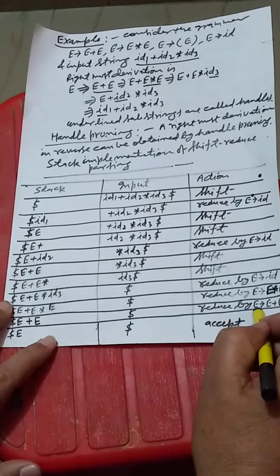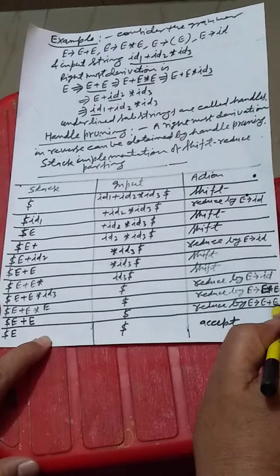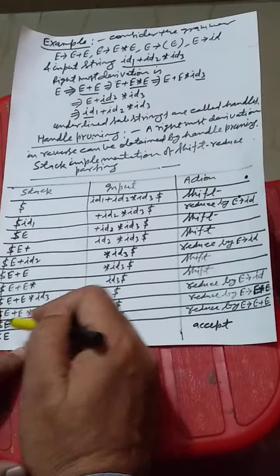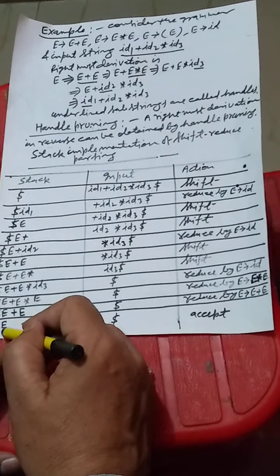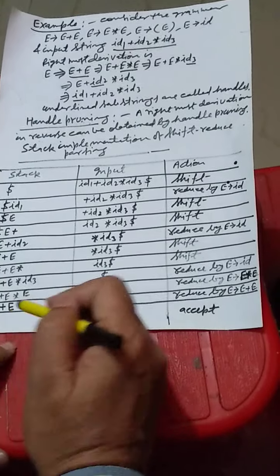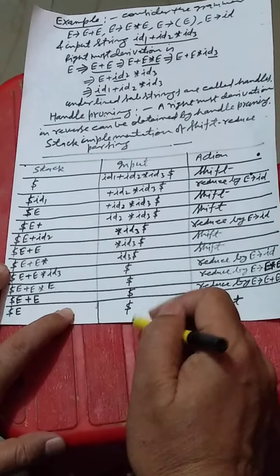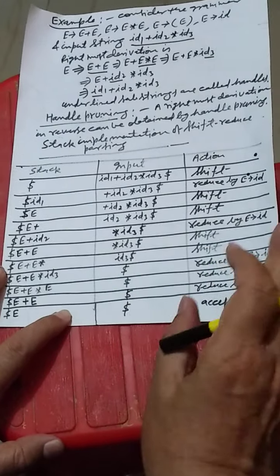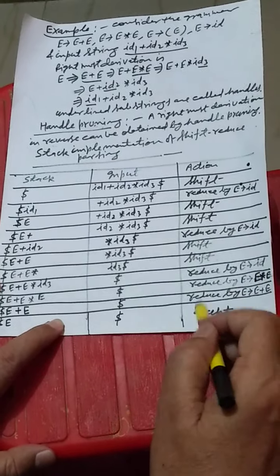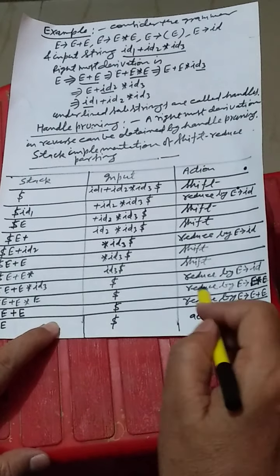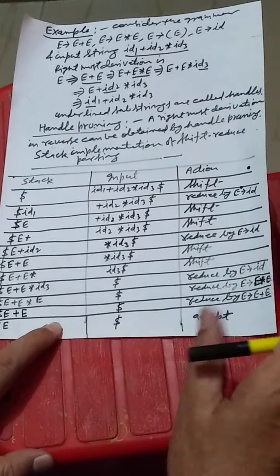Then again reduce by E produces E plus E, and we get $E. Now the stack contains the start symbol at the top, and the input contains only dollar, that is, the input string has been finished. So this step is accept, that is, the string has been parsed successfully.